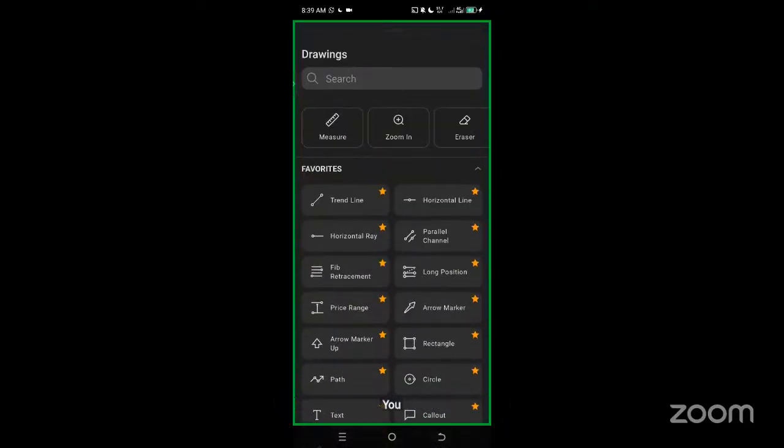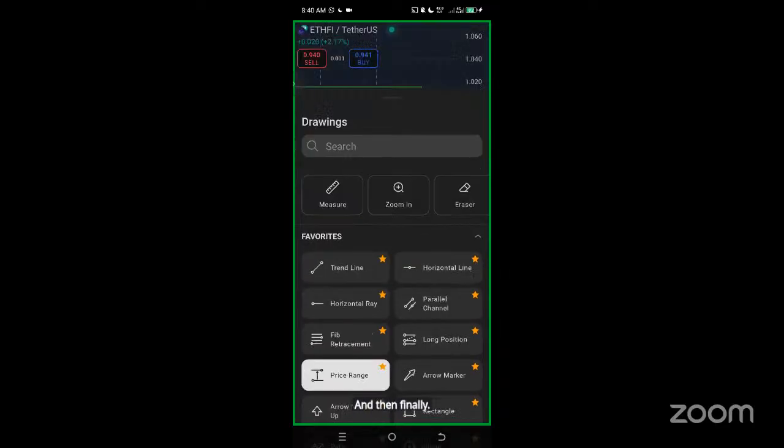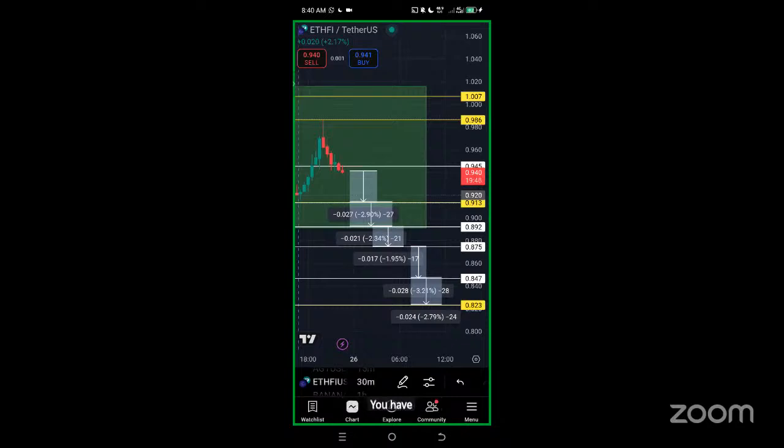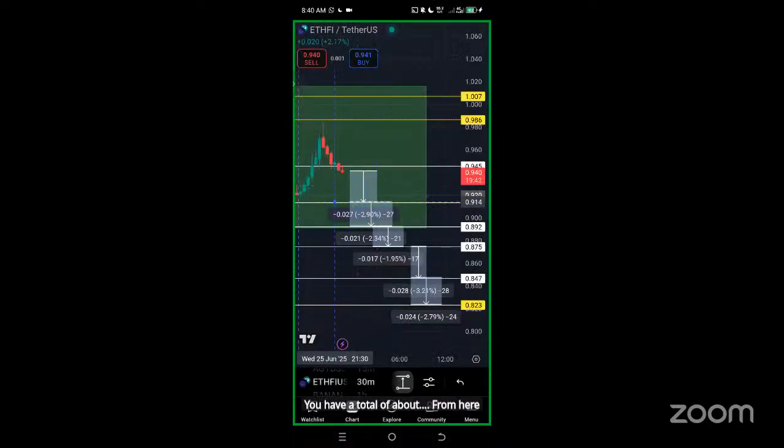You have from there to this, that is 3.2. And then finally you have from that point to that, that is 2.7. You have a total of about from here to this point to support 2, that is about 10 point something percent drop.